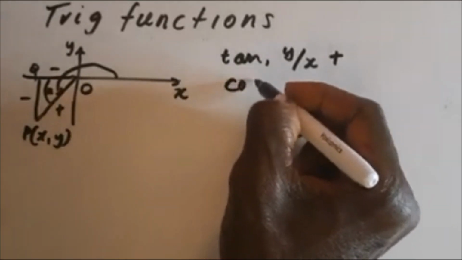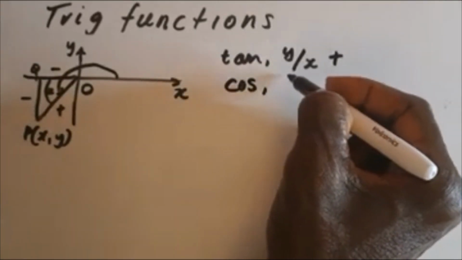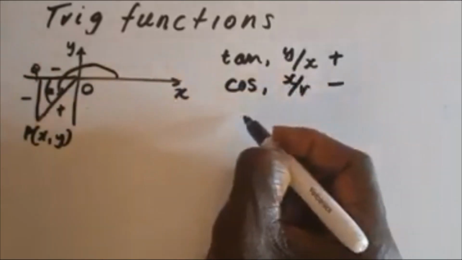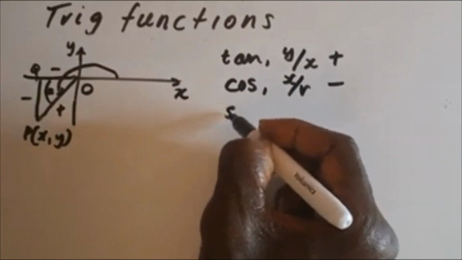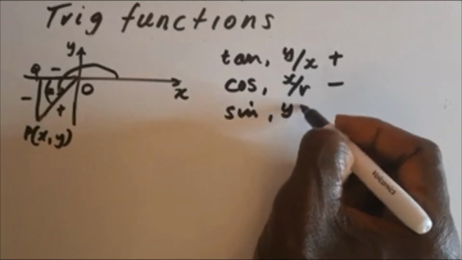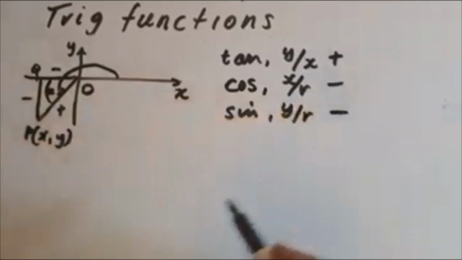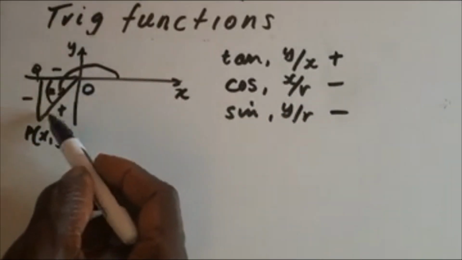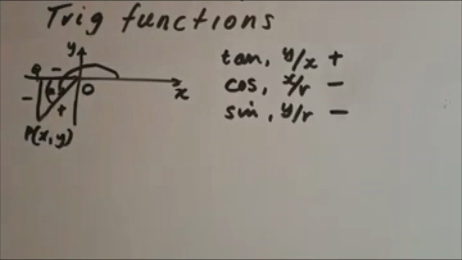We have cosine ratio is x over r, which is negative, and sine is y over r, that's also negative. R is the radius or the vector OP, which rotates through the angle theta.